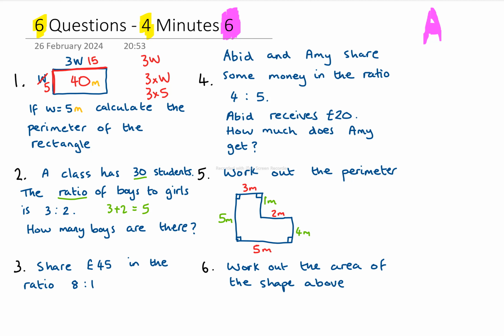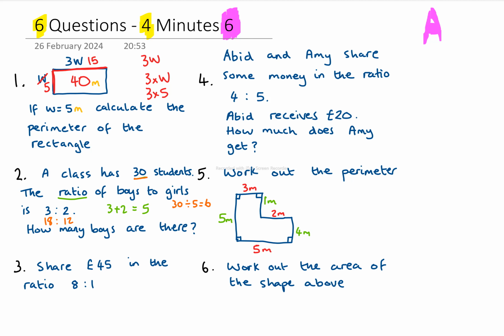So we know there's 5 parts. Okay? And then what you do next is you do 30, that comes from there. 30 students divided by the number of parts, and the answer is 6. So what you do is you do 3 times 6, 18, and 2 times 6, which is 12.